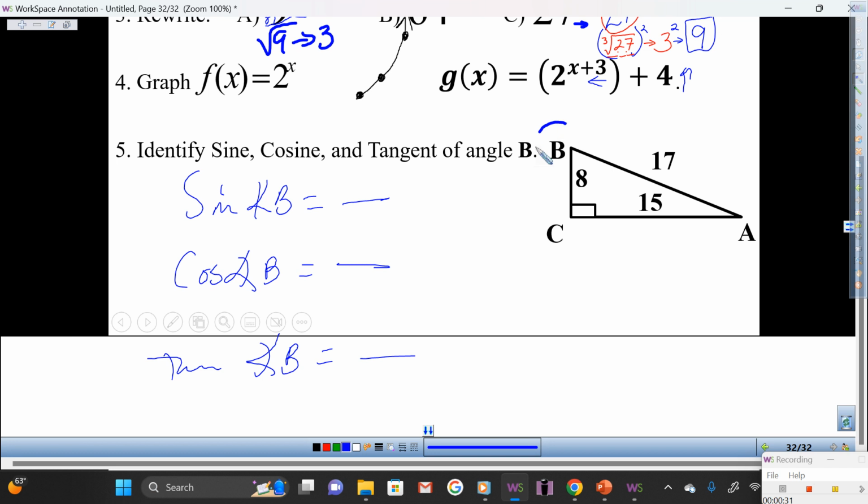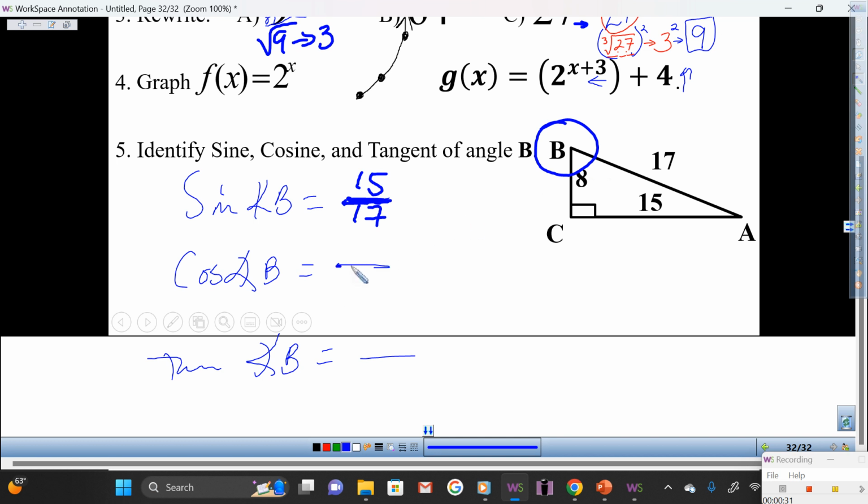So, perspective angle B. What is sine? 15 over 17. So opposite over hypotenuse.